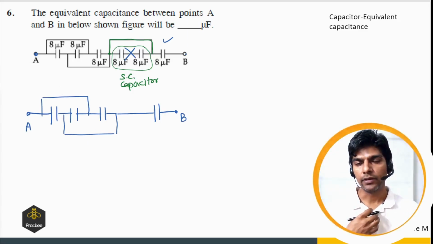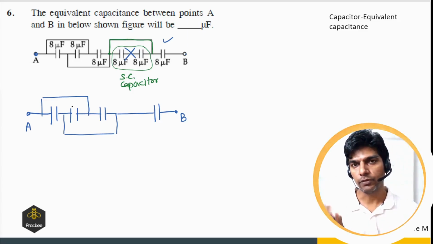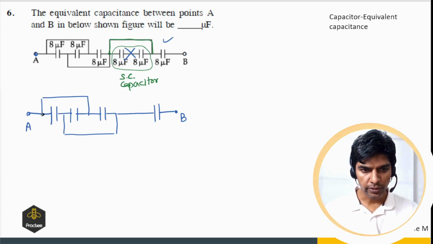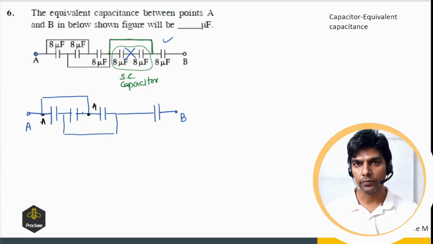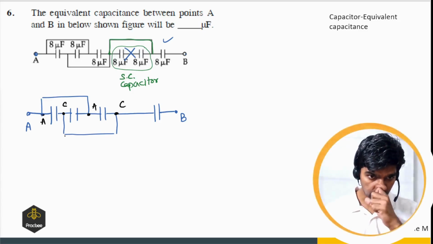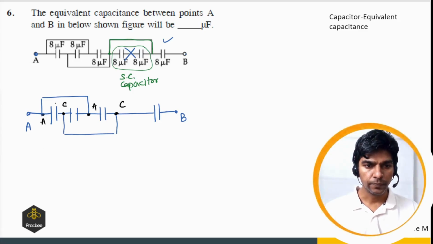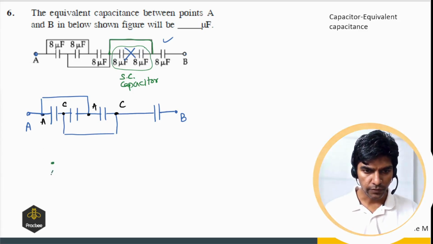Now we have to identify the series and the parallel combination. So let us locate the equipotential points. This point is A, so this is also A, because these 2 points are connected with a connecting wire. And if this point is C, then this point is also C, because these 2 points are connected with a connecting wire.